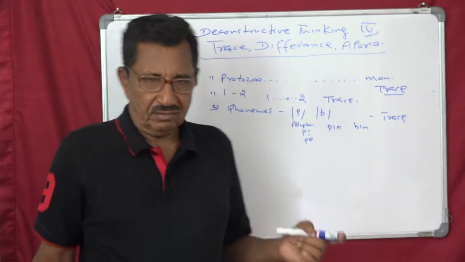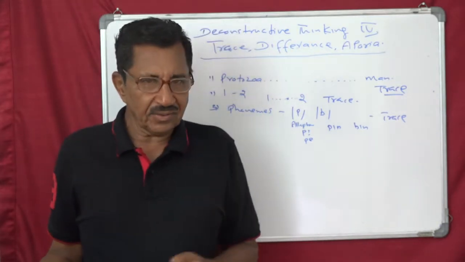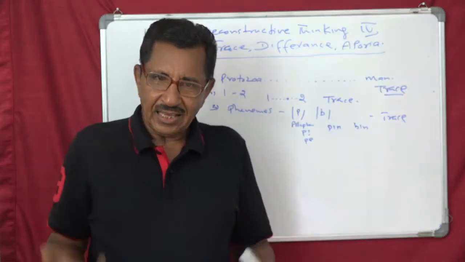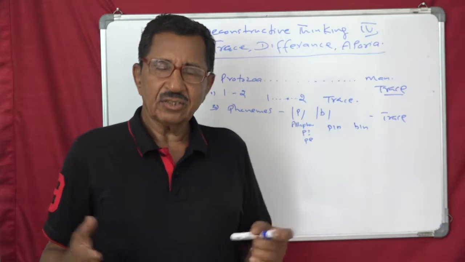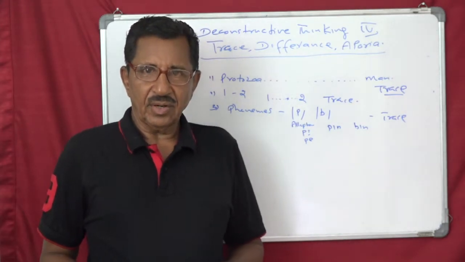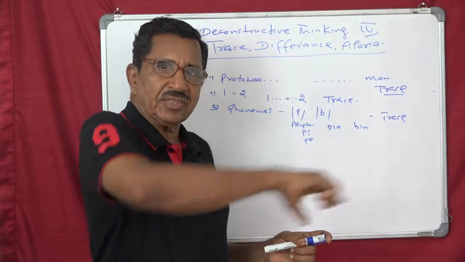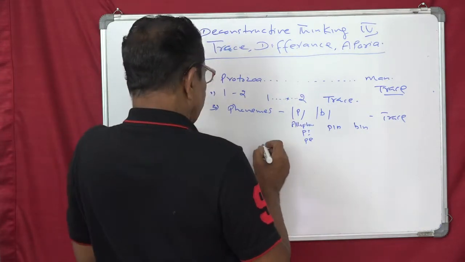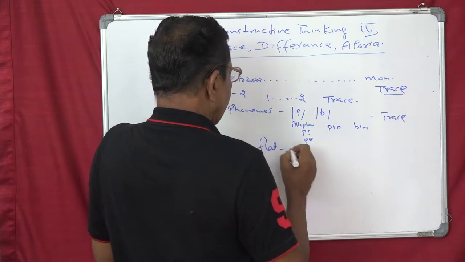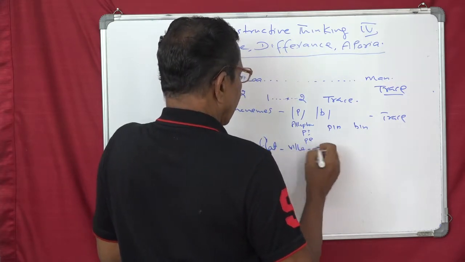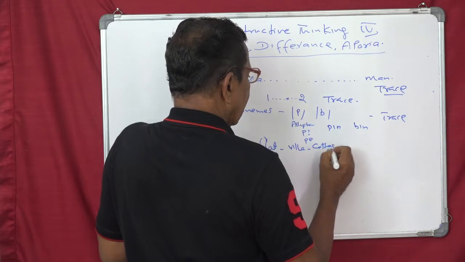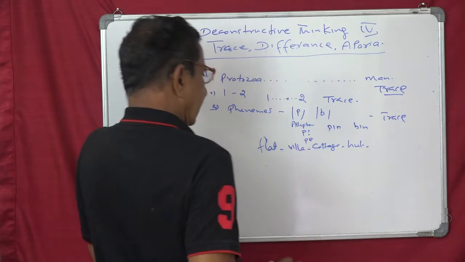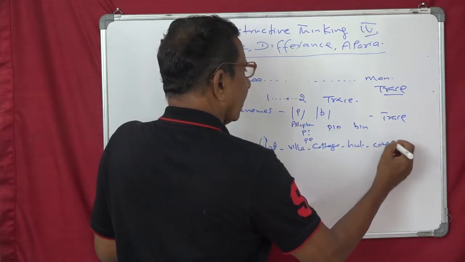Understand? Or take examples of flat, villa, cottage, hut, and so on. You have a series of signifiers with signifiers: flat, then villa, cottage, hut, and some other thing, cave, like that.